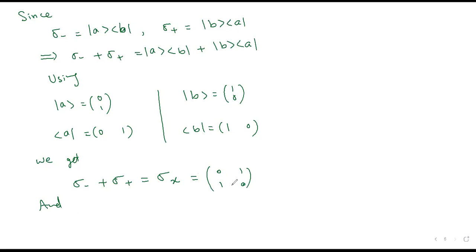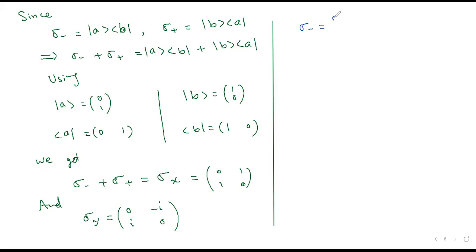This is just a Pauli matrix, and similarly we can define sigma y, that is 0 minus iota, iota 0. So it's better to do all these calculations here. We can define sigma minus in terms of x and y, so sigma x minus iota sigma y over 2.